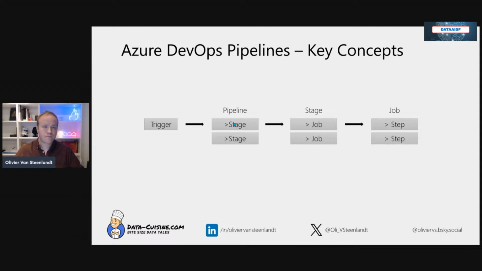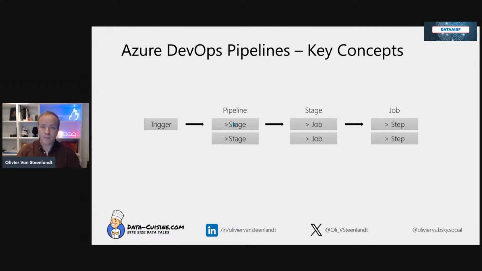Now, if we talk about Azure DevOps pipelines, it is pretty important to learn the key concepts first. And so we are going to create pipelines, and that's a word that you're going to hear me say all the time today. So what is a pipeline? Before we get there, it is important to know how a pipeline can be triggered. A pipeline always needs to be triggered, actually.